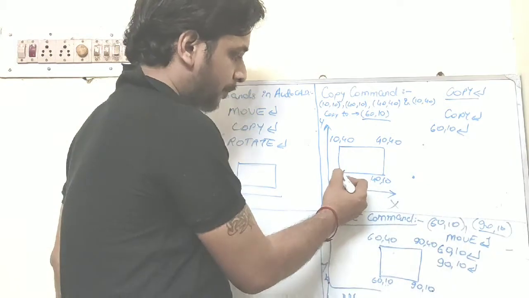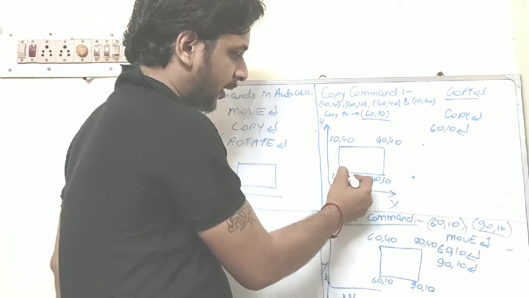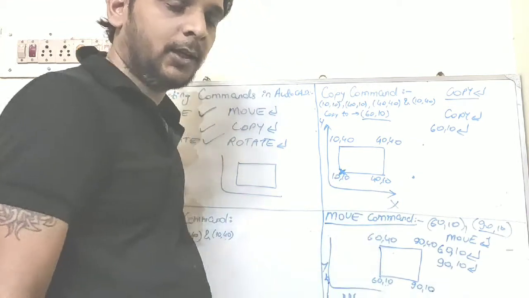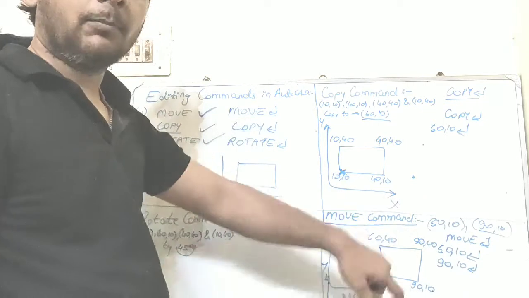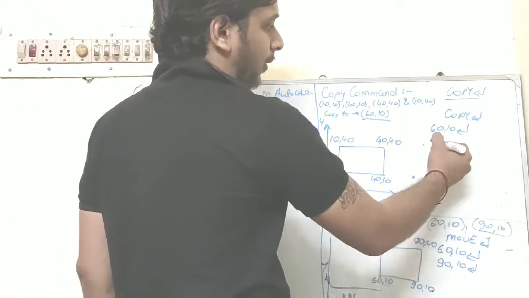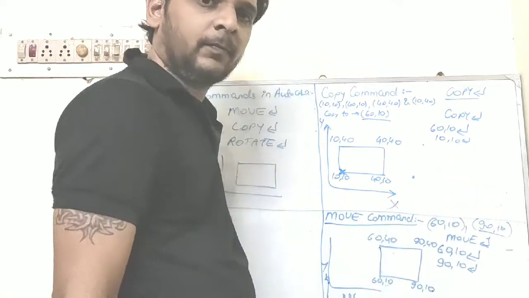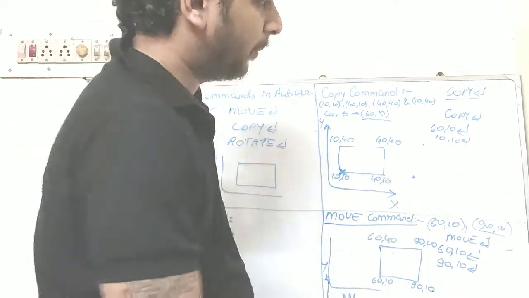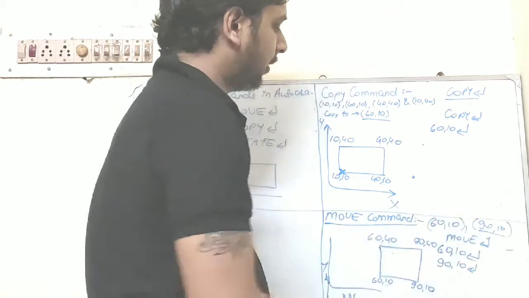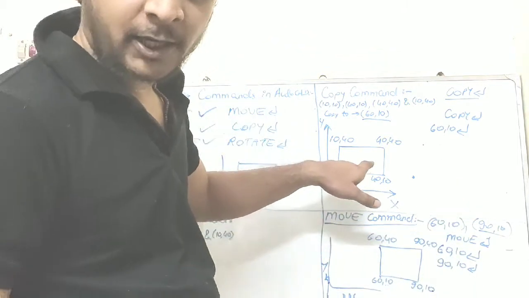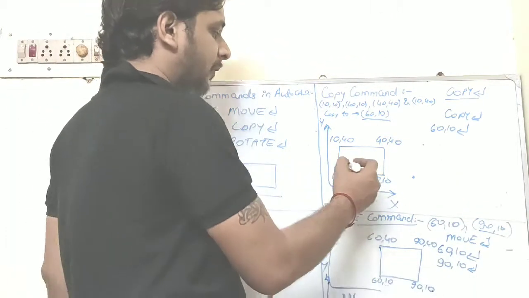Okay, so pick this corner of the rectangle having coordinate 10 10 with the help of the mouse. Or at the command prompt you can give 10 comma 10 and press enter key. In both ways you can give, but the best method is to select this corner having coordinate 10 10 with the help of the mouse.